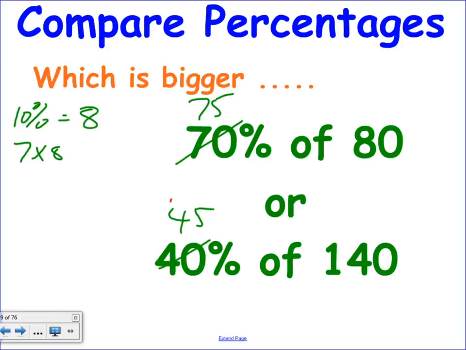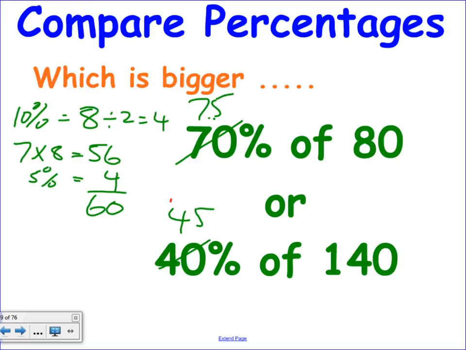Multiply it by 7 to get you 56, and then this 5% is 4. So the 5% gives you another 4, which gives you 60. Can you see what I've done there? So to work out 75%, do your 70% like we just did, and 5% of 80 is that divided by 2.